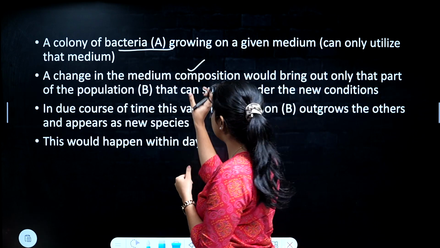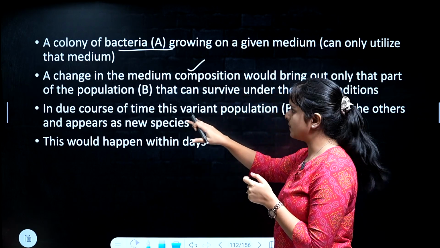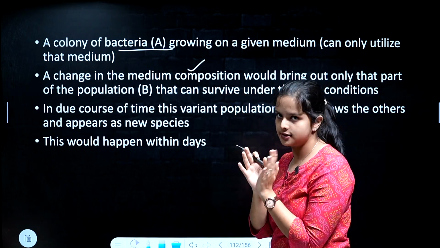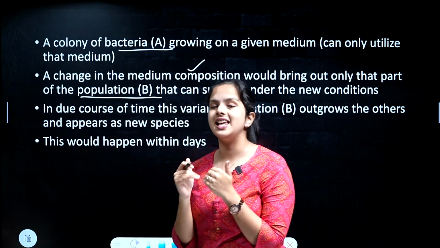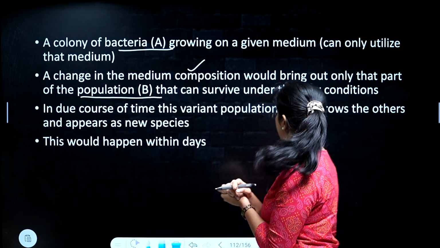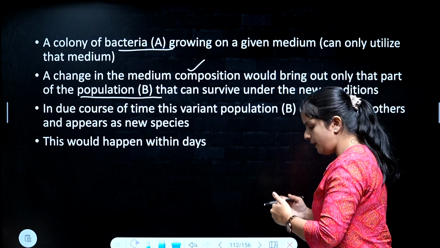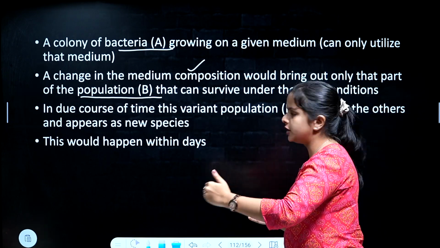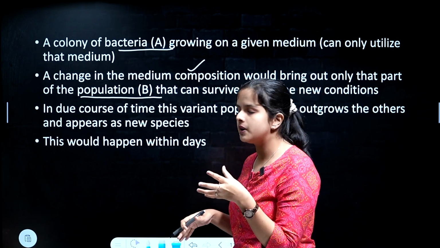I changed the medium composition, and due to that change, only some bacteria survived, and those bacteria were named population B. If I continue to maintain the changed environment, what will happen?